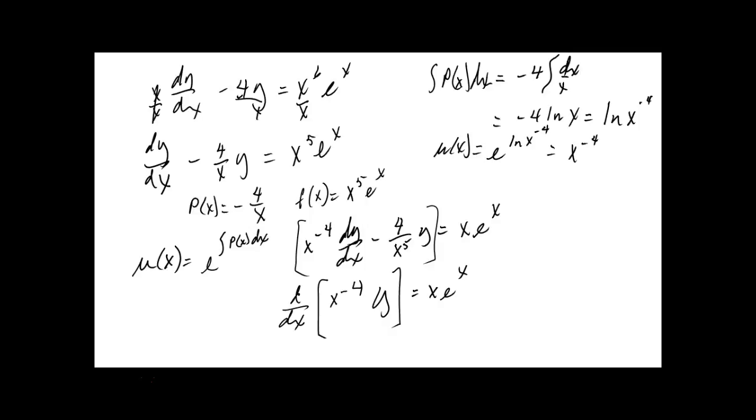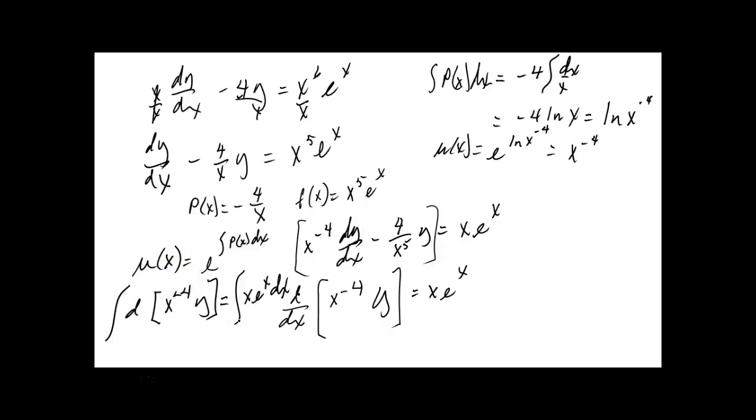Let's write that as a differential. D of x to the minus 4 y is equal to x e to the x dx, and integrate both sides.